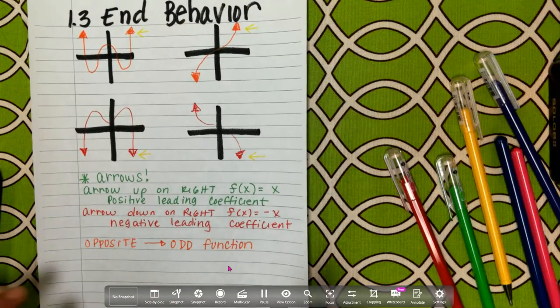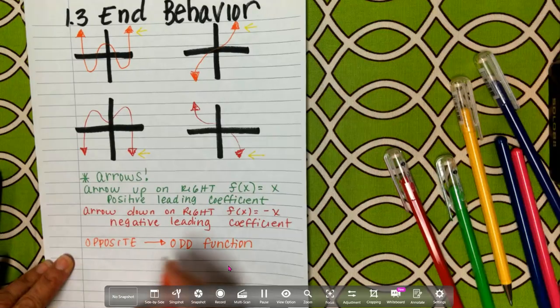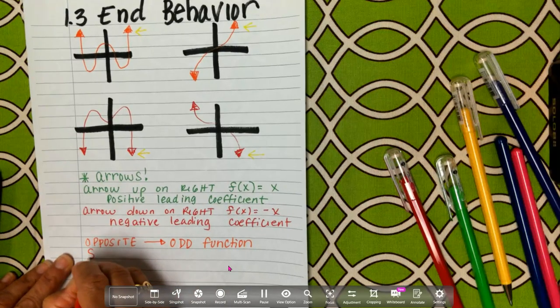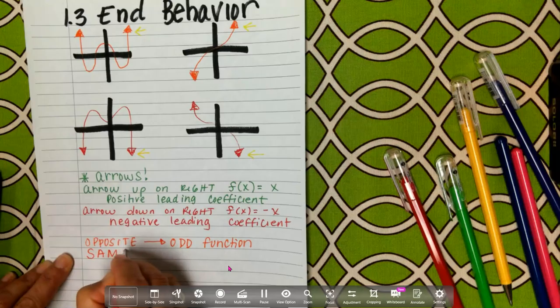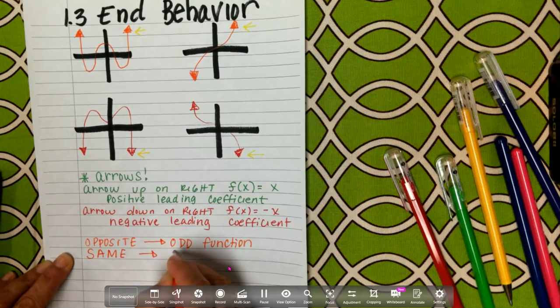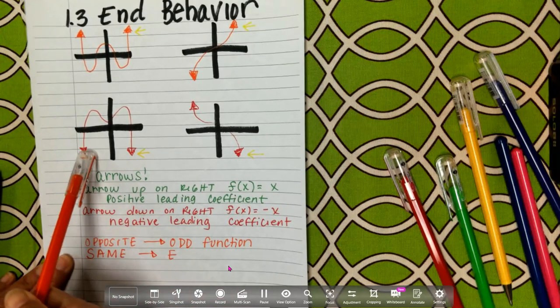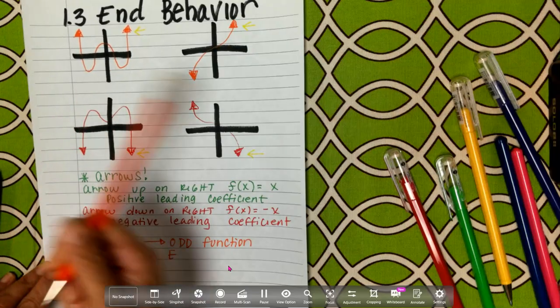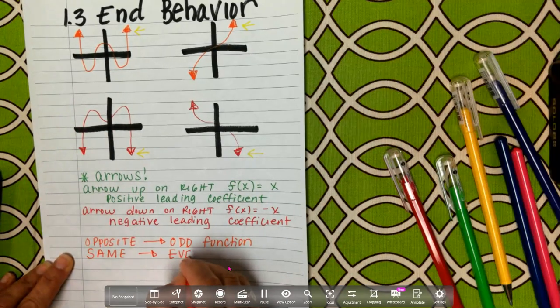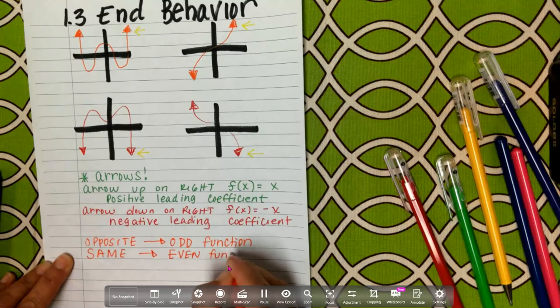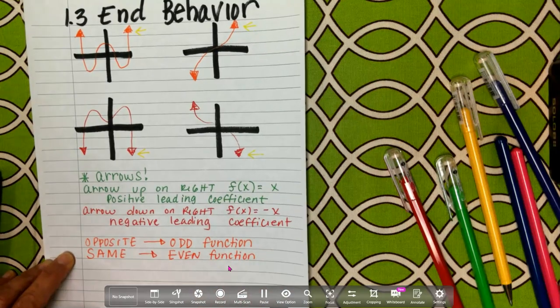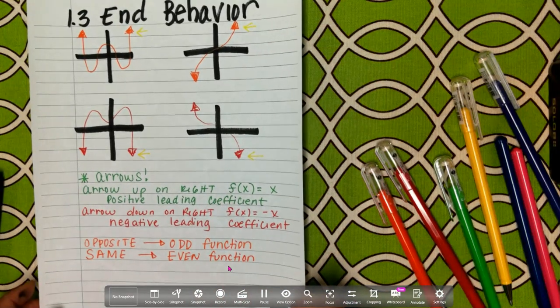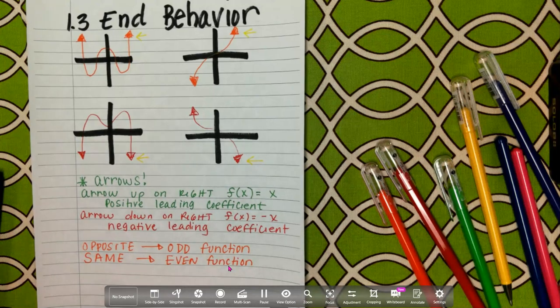The other is going to be an even function. An even function has arrows pointing in the same direction. Anytime I see two arrows pointing down or two arrows pointing up, that is an even function.